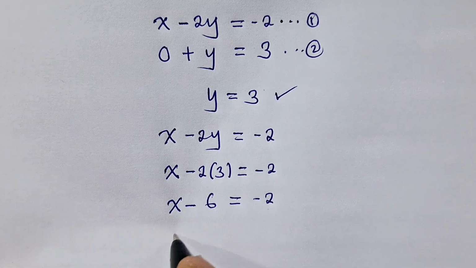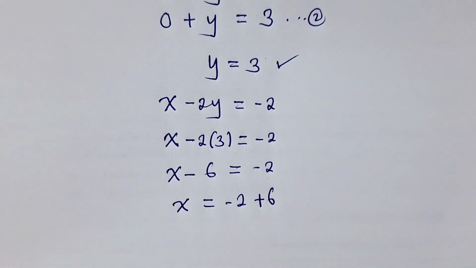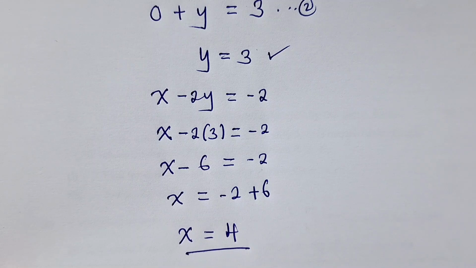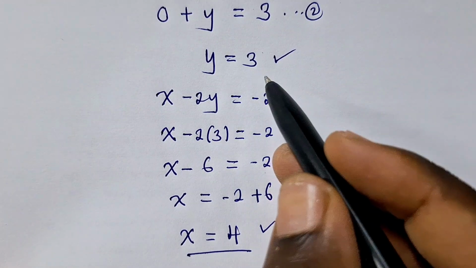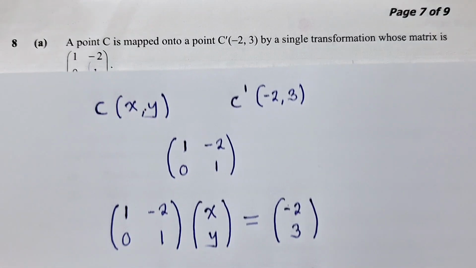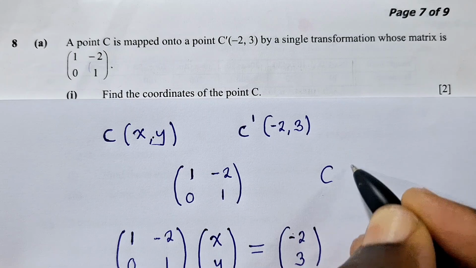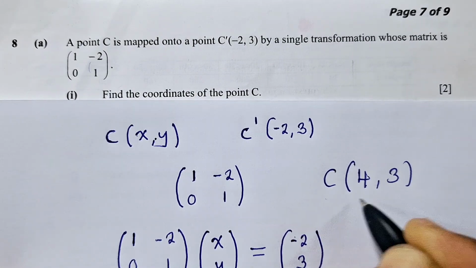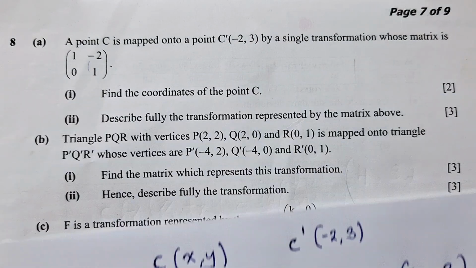So this will simply be x is equal to negative 2 plus 6. The value of x is equal to 4. So we've gotten the value of x and the value of y too. The question asks us to find the value of x and y. We can therefore say point C is equal to 4, 3. These are the coordinates, 4, 3. So that's it. Let's check out the next question.